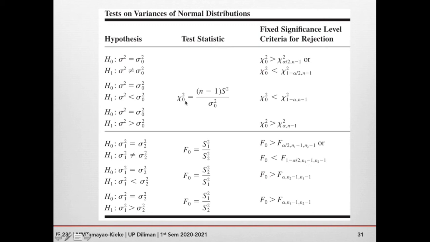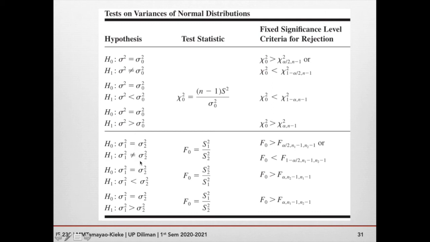So chi-squared naught is equal to the quantity n minus 1 times the variance of the samples over sigma naught squared. And these are our critical regions. This is how we compute for the critical region.